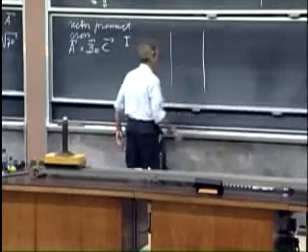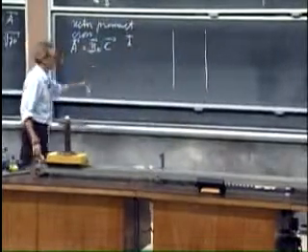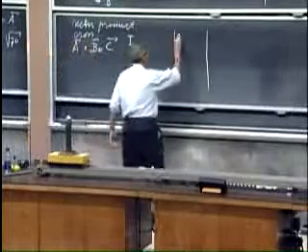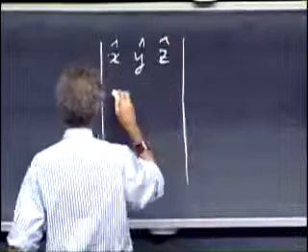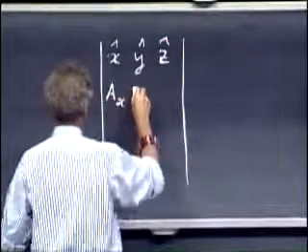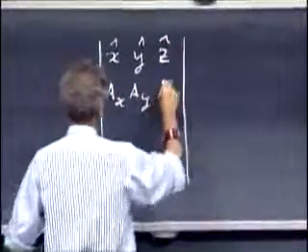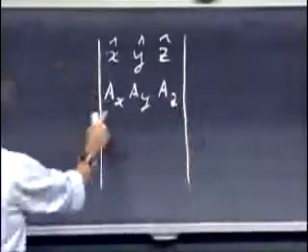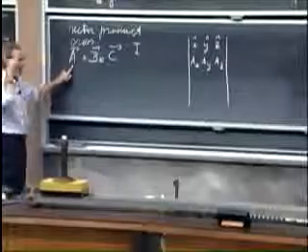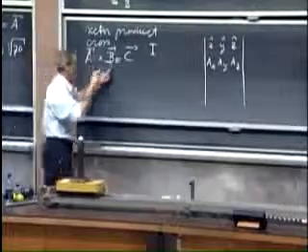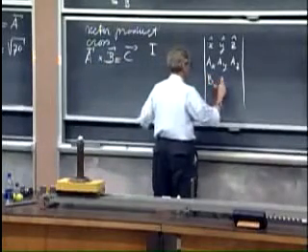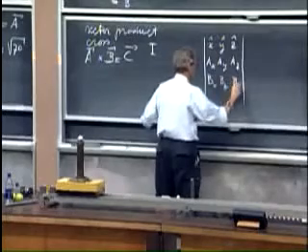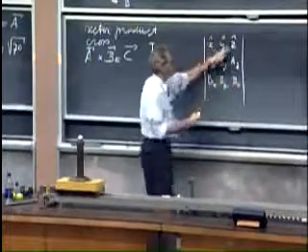You write down here a matrix with 3 rows. The first row is x roof, y roof, z roof. The second one is A of x, A of y, A of z. It's important, if A is first, that the second row must be A. And the third row is then B: B of x, B of y, B of z. So these 6 are numbers, and these are the unit vectors.